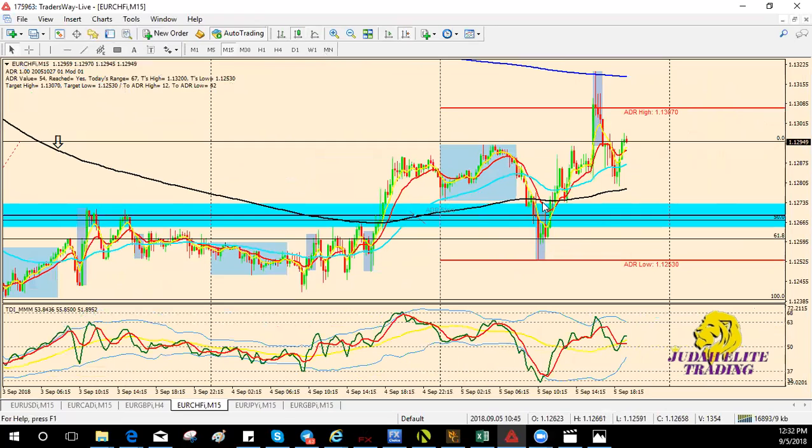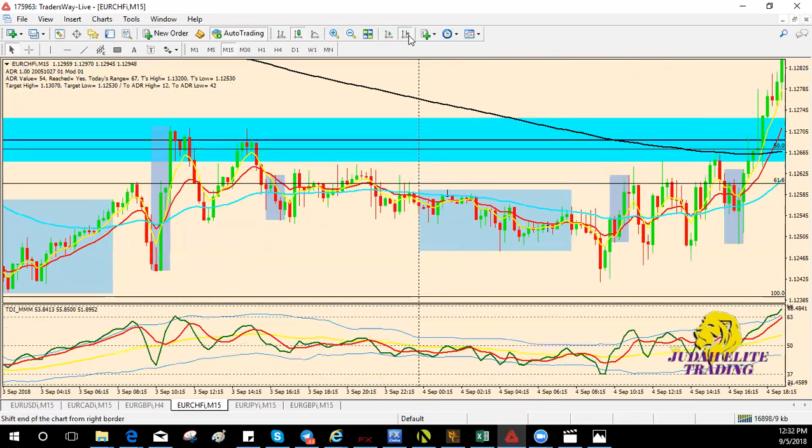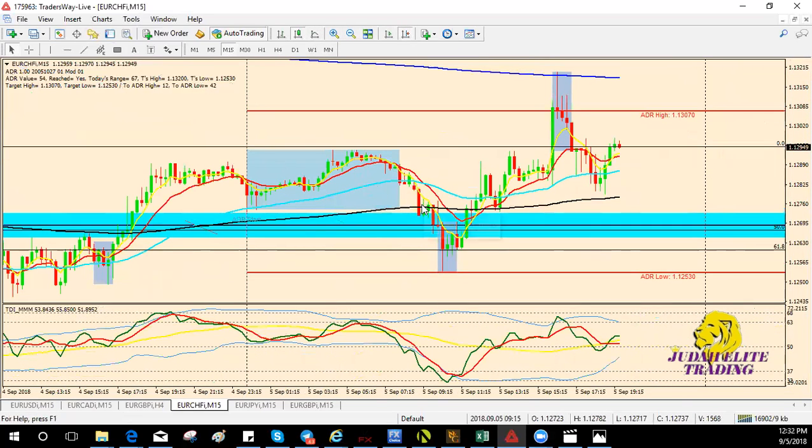Notice the wick and the rejection of the 61.8. This could look like some level of bank manipulation, because anytime banks need to place a massive order, they need to trap dumb money, which is us, because the banks are the smart money. We are the dumb money.